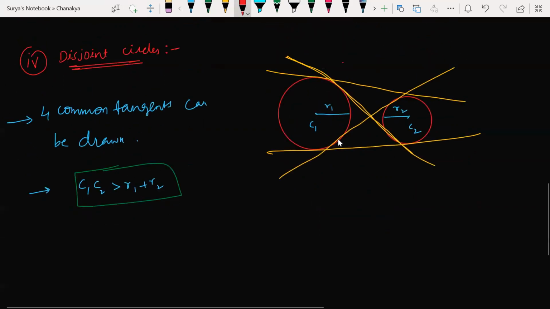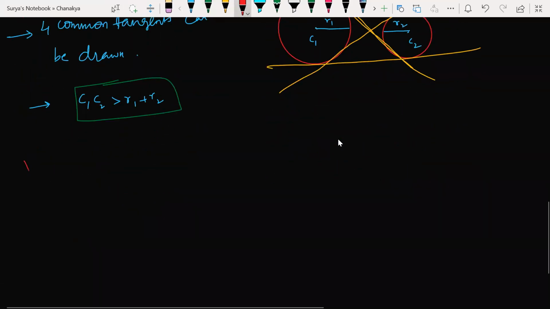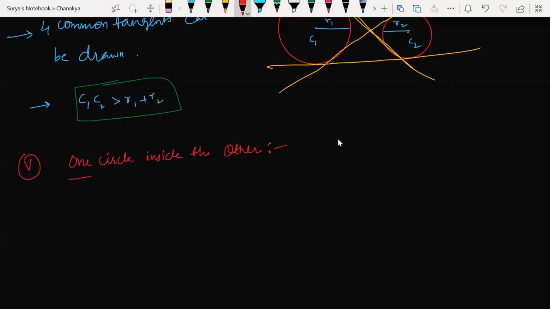Next, look at this here. One circle inside the other circle.